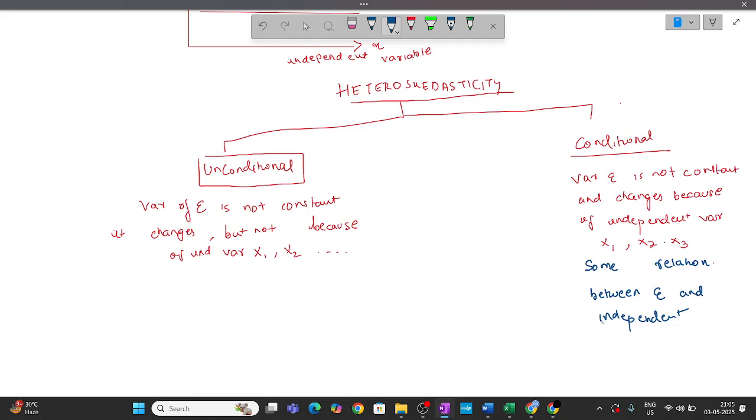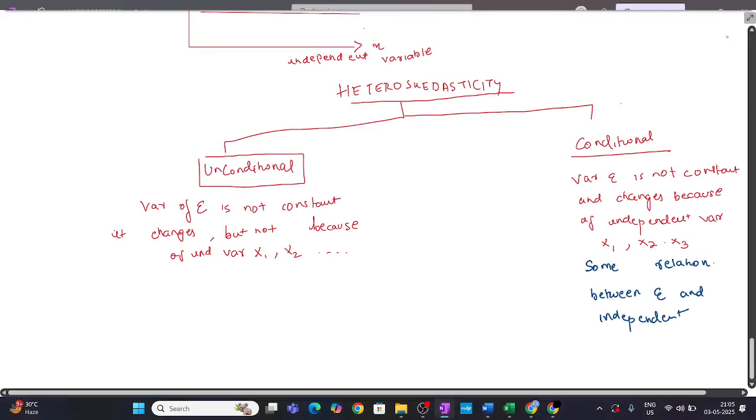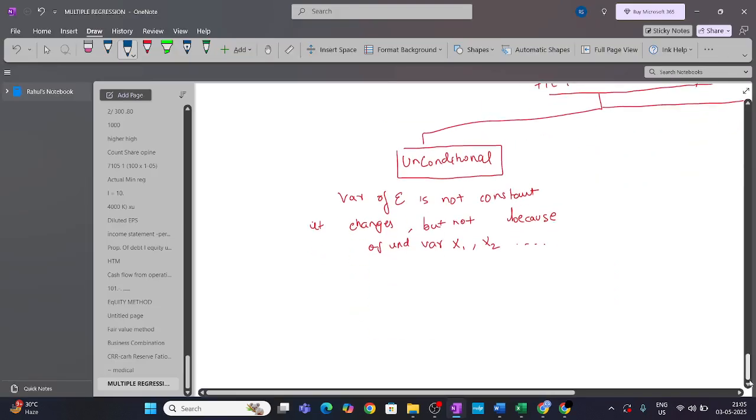Why? Because our error term should be random, right? It should not have any relation with anyone. They should be completely random, right? So if there is conditional heteroscedasticity, then you can think that okay, the randomness thing, there is some problem, right?